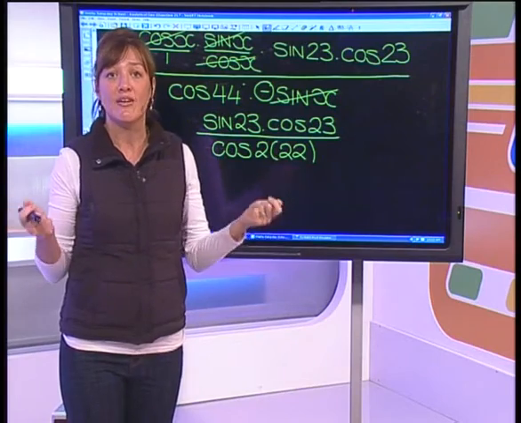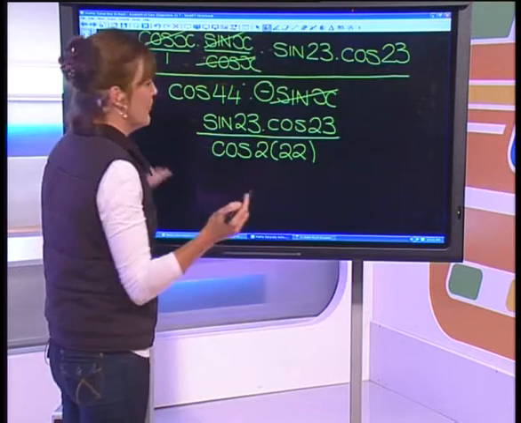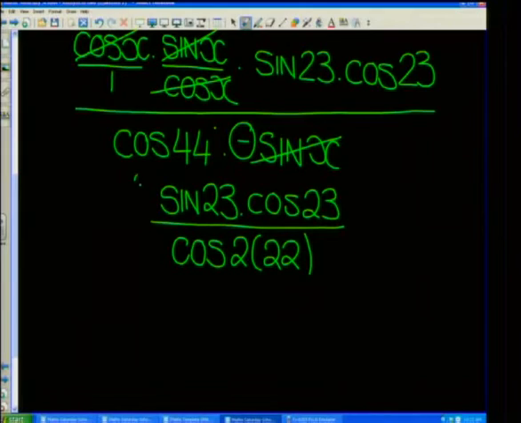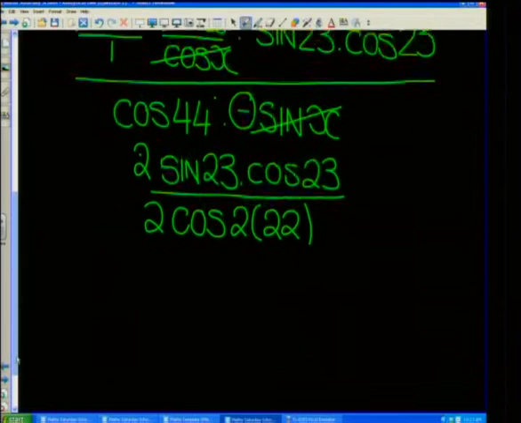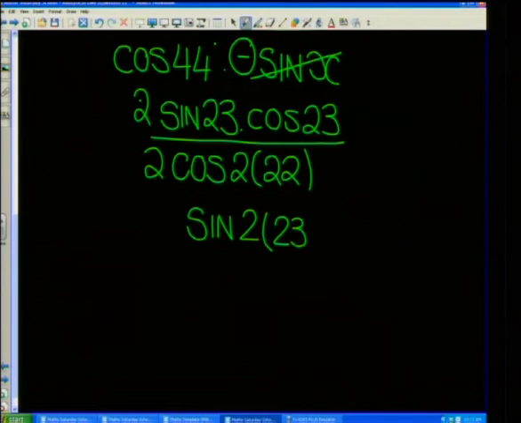But like anything with any fraction, what you do to the top, you do to the bottom, and you're allowed to do that. So if I multiply a 2 in front of that value over there, as long as what I do to the top, I do to the bottom, I'm in safe territory. Now, by putting the 2 in front, that converts it to the identity of sine 2 times 23.